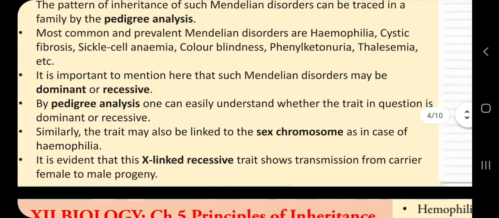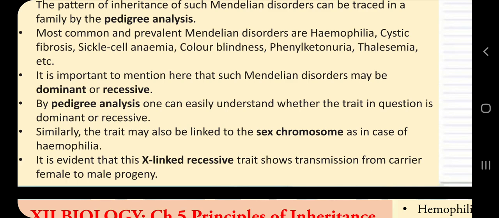Now similarly, the trait may also be linked to the sex chromosome, as in the case of hemophilia. So we are going to learn about hemophilia. Hemophilia is a sex linked character. Why is it a sex linked character? Because the genes responsible for hemophilia are located on the X chromosome. As I already said in my previous video of sex determination, the general idea that sex chromosomes are only responsible for the sex of an individual and autosomes are responsible for physical features is not as simple as that.